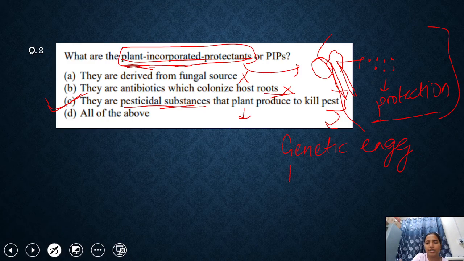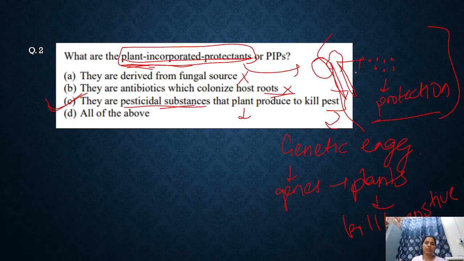We incorporate some genes into the plants so that the plant will either kill the pest or become resistant. So for this question, answer is C.